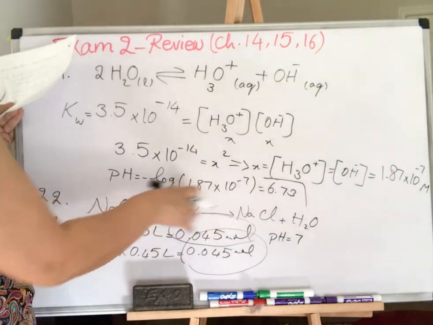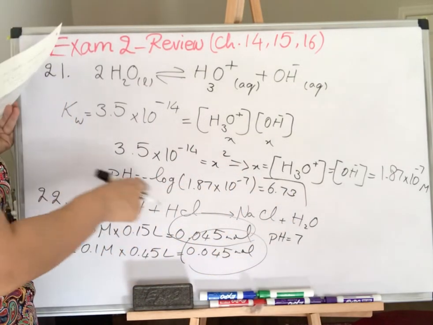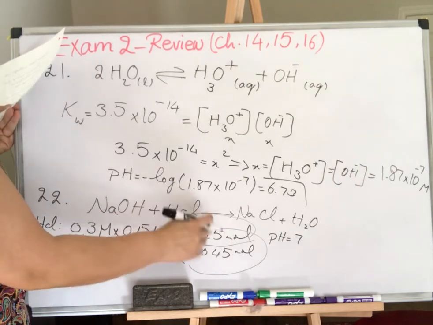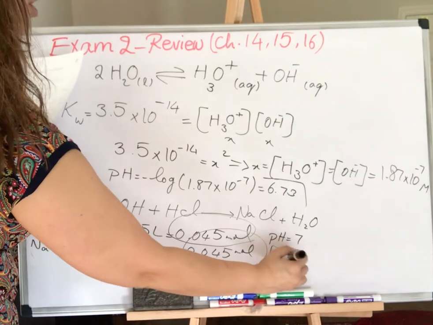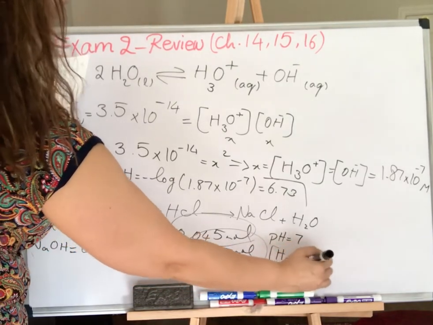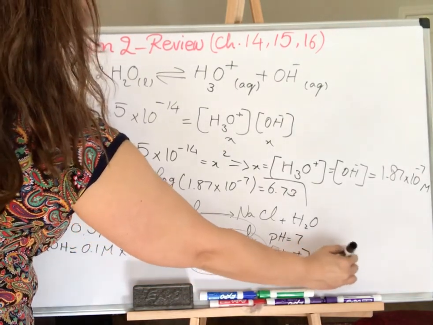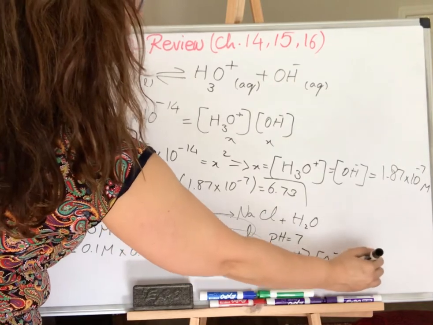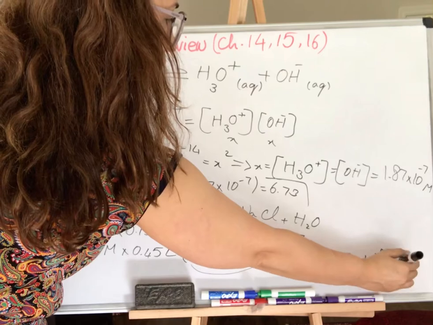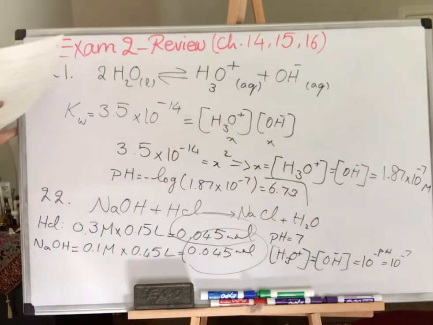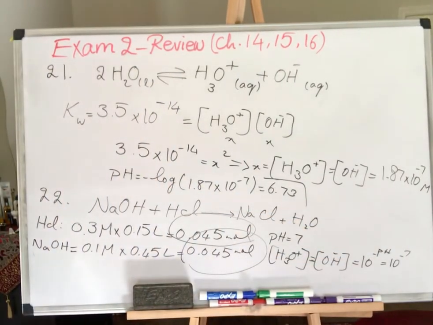Whenever you have the moles of strong acid and base the same, at pH 7, the concentration of H3O and OH are going to be 10 to negative pH, which is 10 to negative 7. You will choose answer C.